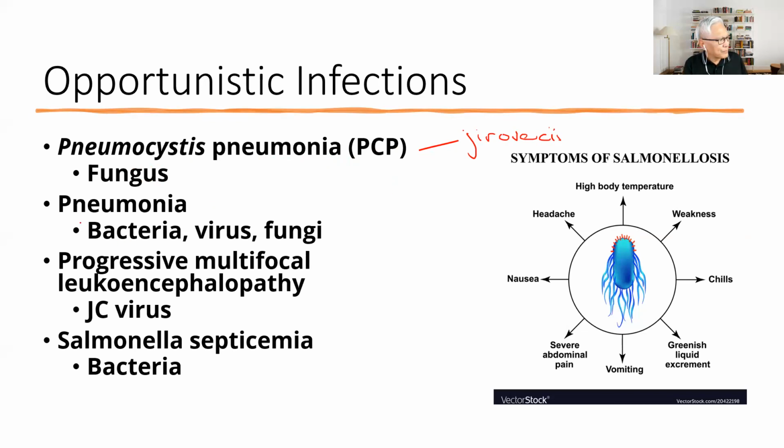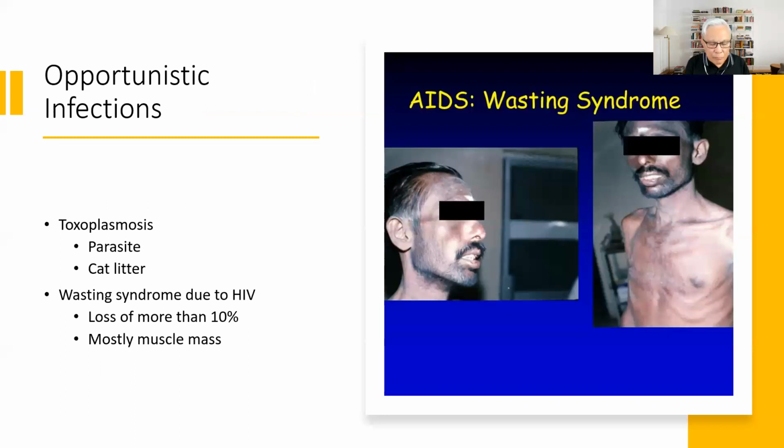All right. So pneumonia, progressive multifocal leukoencephalopathy, as well as salmonella, all those are going to be opportunistic infections. I wanted to talk a little bit about toxoplasmosis. This is an infection that is caused by a parasite called Toxoplasma gondii.